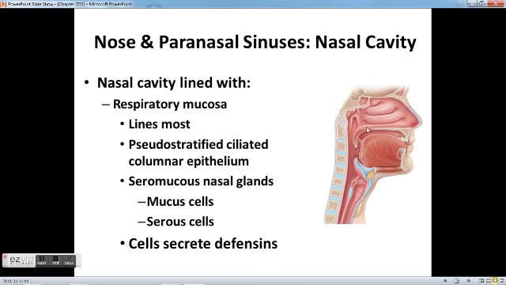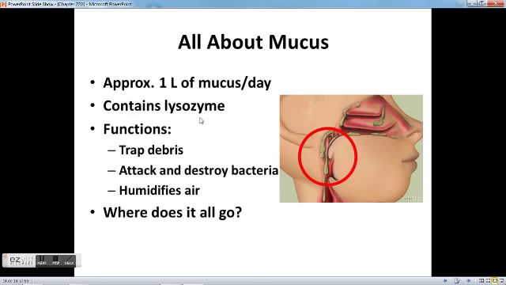That's why the cilia are really important to have there. We also have some cells producing mucus here, and the cells also produce defensins, which we talked about relative to the innate immune system as a substance with some antimicrobial properties. So even if we did breathe something in and it got trapped in that mucus, those defensins could kill the substance and it wouldn't just sit there and fester in your nasal cavity.